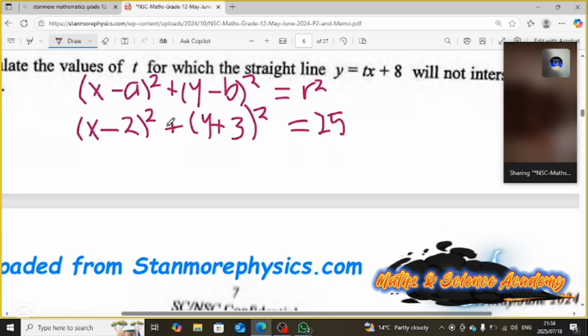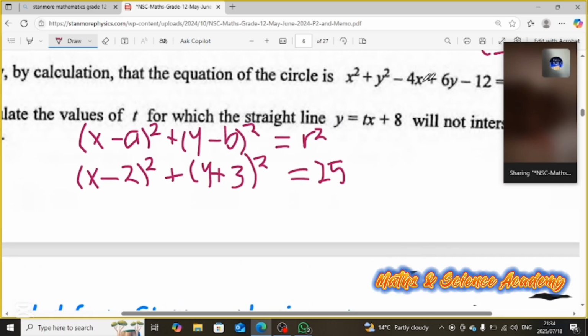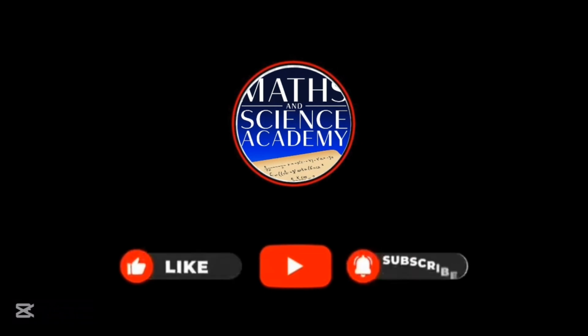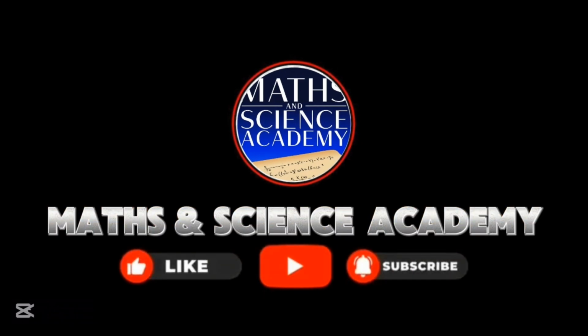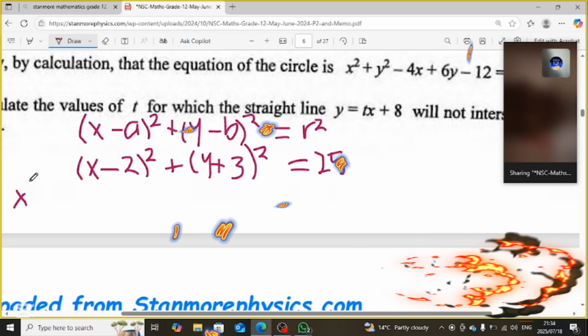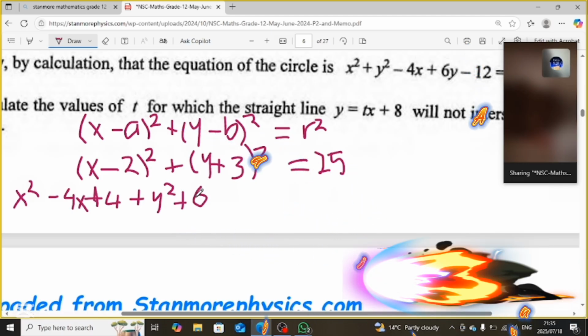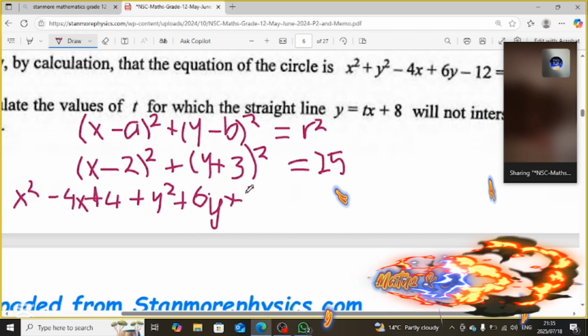Now we are going to expand and simplify (x minus 2) all squared and (y plus 3) all squared. Pause the video and simplify on a piece of paper. We then get x squared minus 4x plus 4 plus y squared plus 6y plus 9 equal to 25.